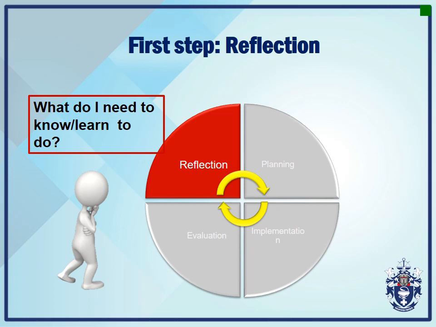So in order to get a 3 in reflection, you must have a clear learning need. You must explain what happened that triggered the learning need, and give an indication of what the intern hopes to achieve after completion of the outcome.